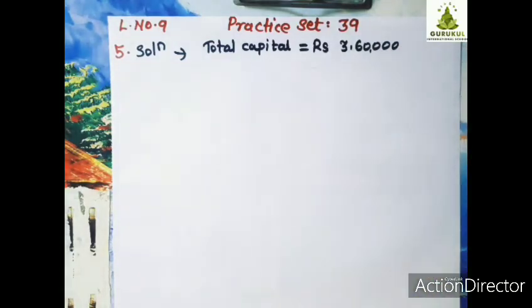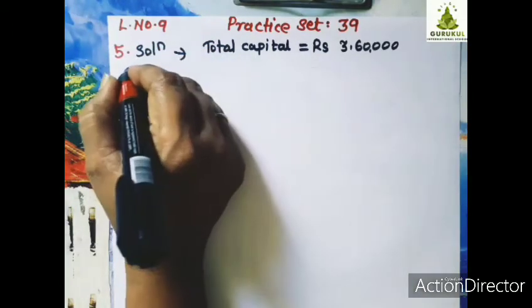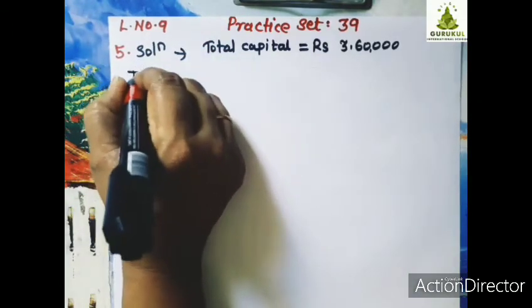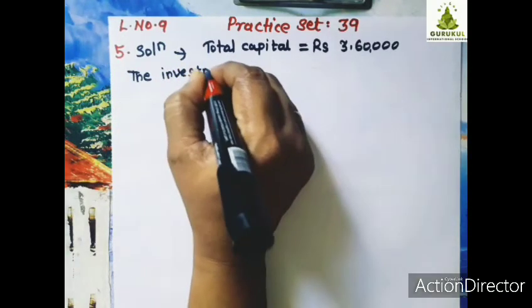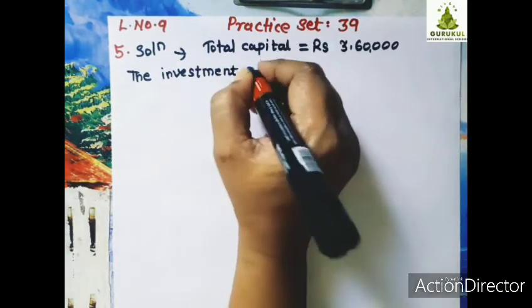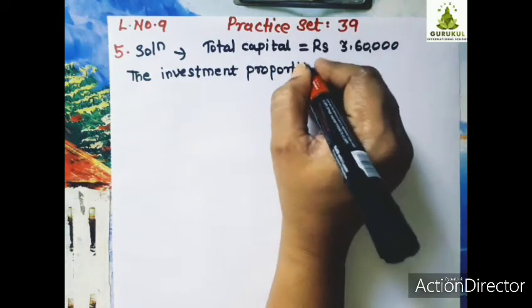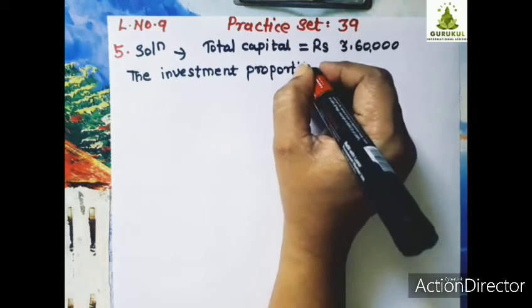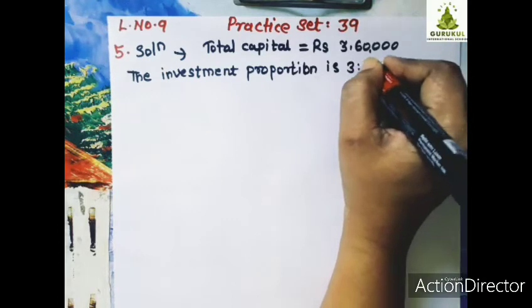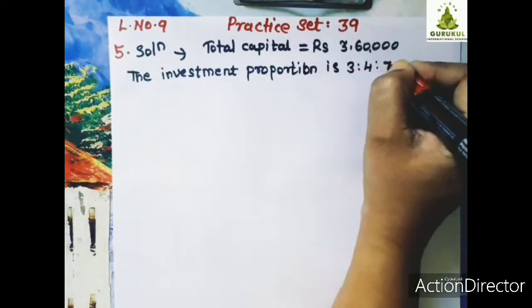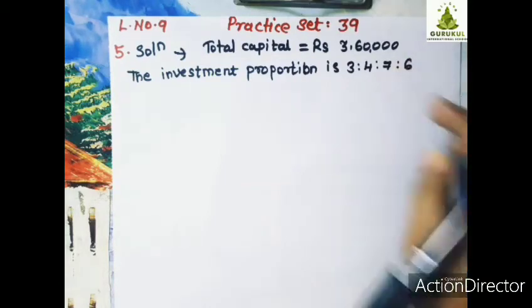3,60,000. And the investment is in proportion. Which proportion is there? The investment proportion is 3:4:7:6. Okay, so this is the proportion.